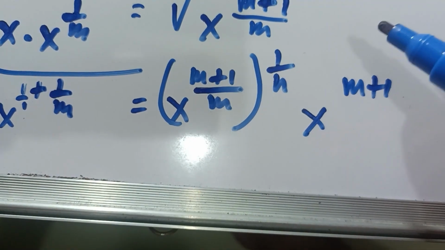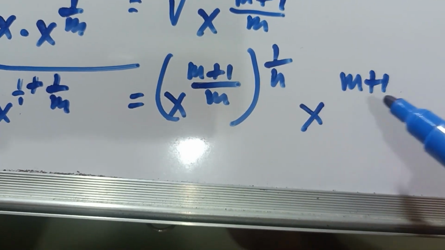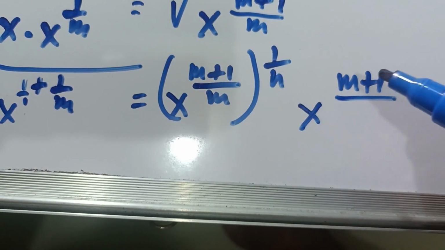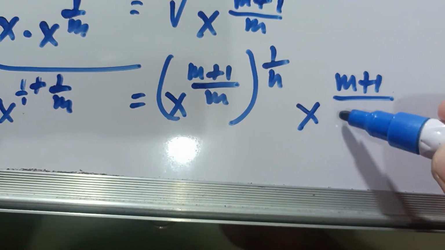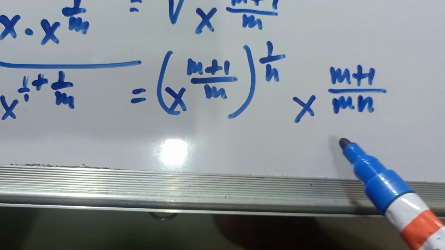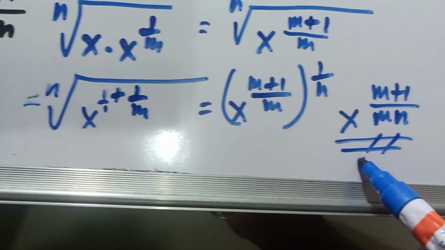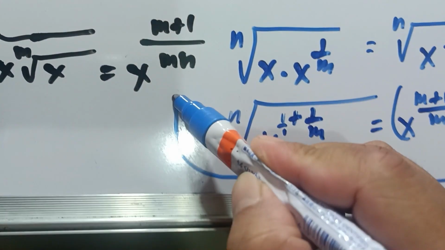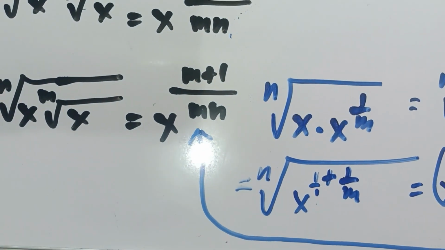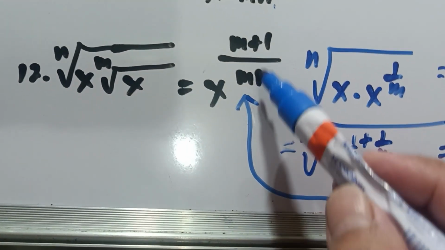Any number multiplied by 1 is the number, divided by m times n. And this formula equals this formula. Okay, so this is correct.